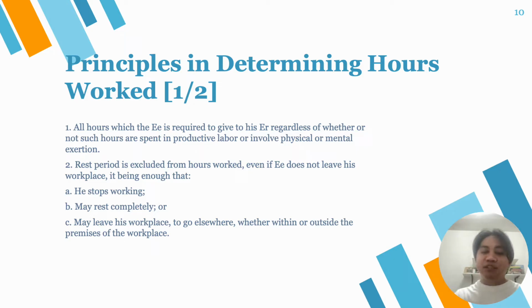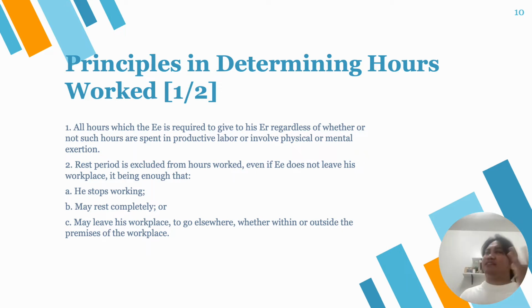Second, the rest period will be excluded from the hours worked, even if you're not really leaving the work premises. So, if you're given rest periods, you're allowed to rest, that is not hours worked, okay? That is excluded from the total hours worked because you are allowed to rest.